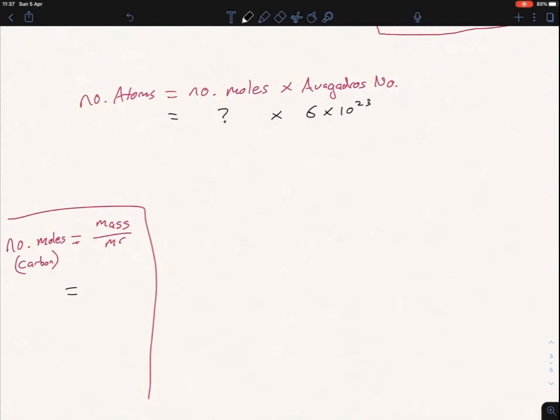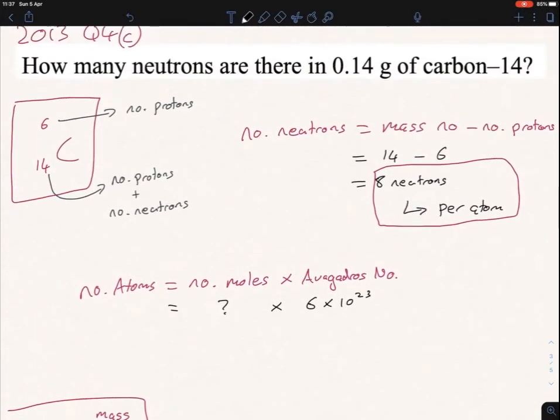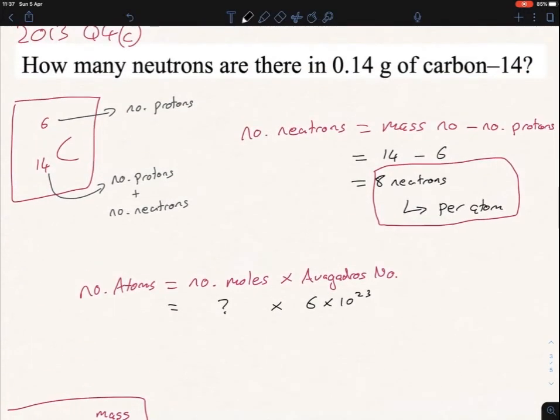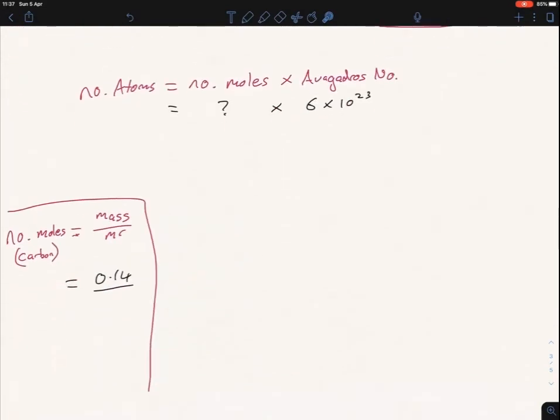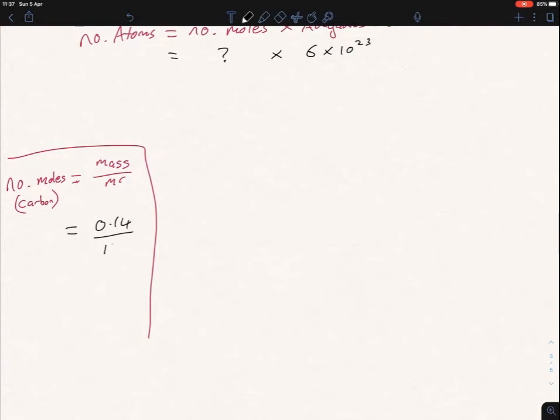So we write 0.14 over Mr, and the molecular mass is going to be 14. So 0.14 divided by 14 gives 0.01 moles of carbon.